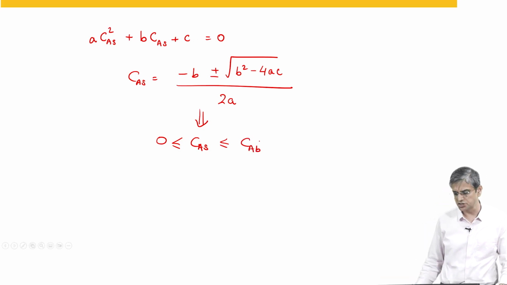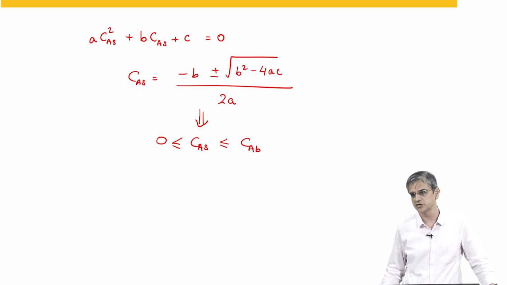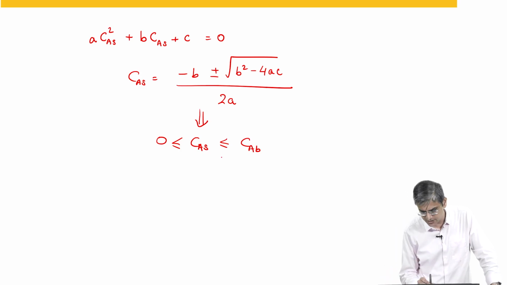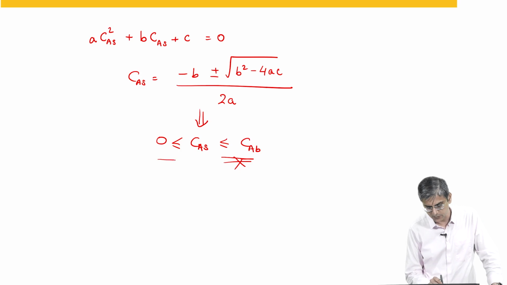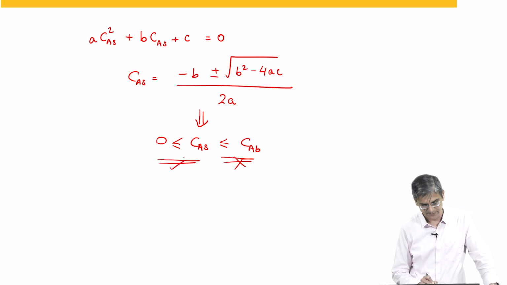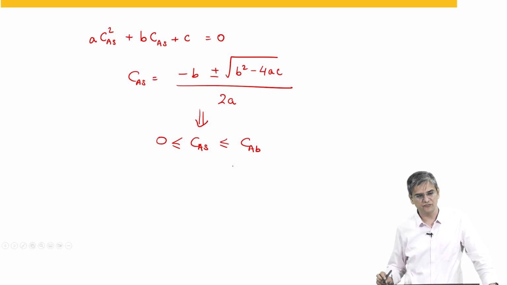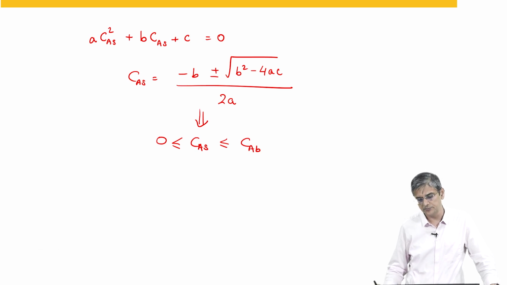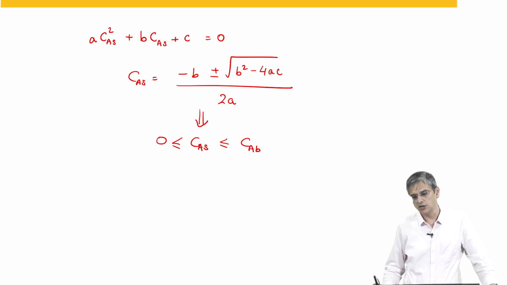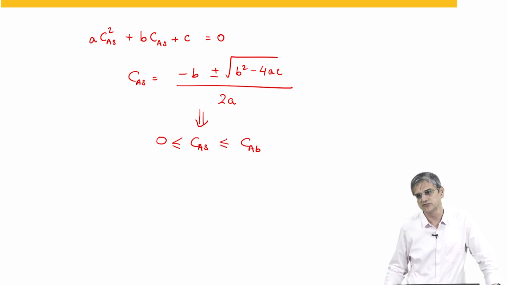You will choose the solution which satisfies this particular criterion for straightforward problems like this. If you have multiple reactions, series or parallel reactions, then this particular part may not be satisfied, but this part will always be satisfied. One of the solutions might be negative. For example, if b is a positive value, negative b is definitely a negative value, so minus b minus square root of b squared minus 4ac won't make sense. So you'll have to take minus b plus square root of b squared minus 4ac. Over to you.